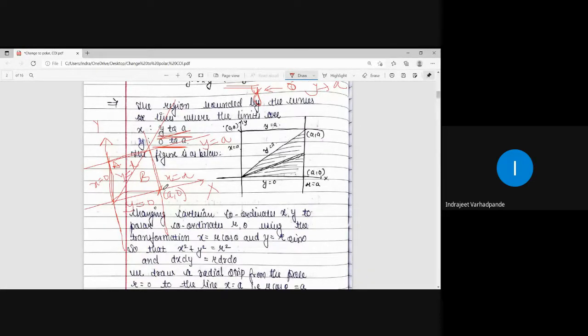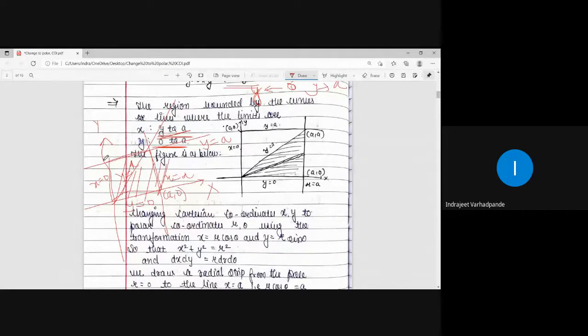So in this case, whenever I try to identify the region, because that is very important, from the given information, y is equal to 0 means this is the initial line, the x-axis.